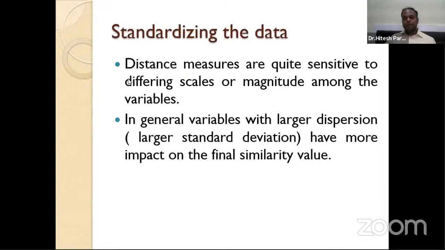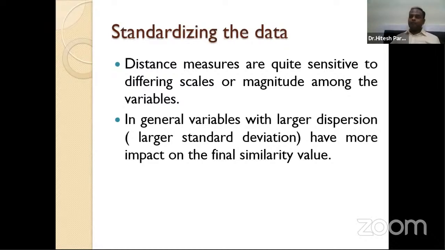Standardizing the data. Distance measures are quite sensitive to the different scales or magnitudes among the variables. Different scales means here our both variables we measured on a 10-point scale, right? From 0 to 10. So the scale is similar. So there is no need for standardizing the data.